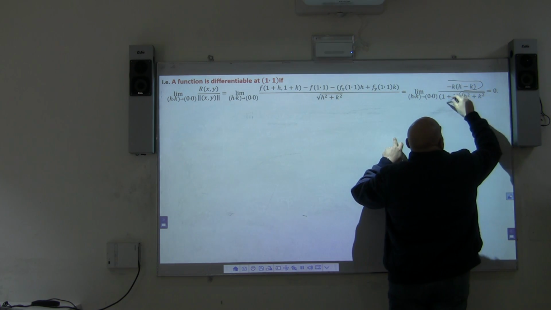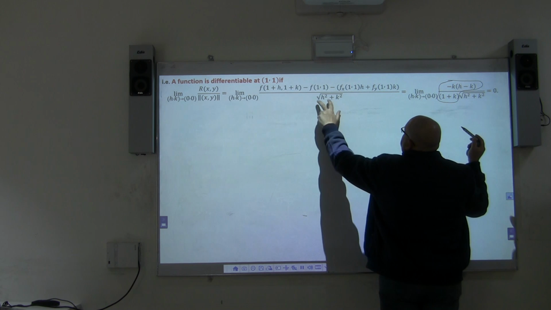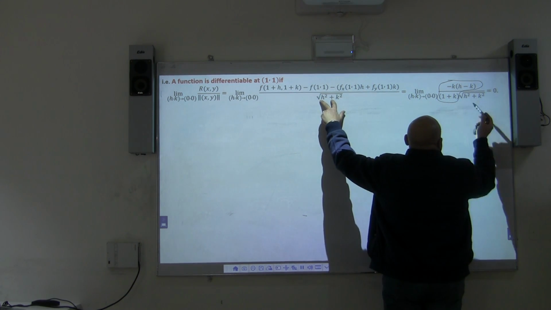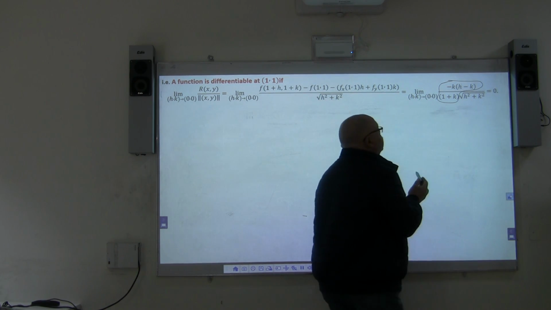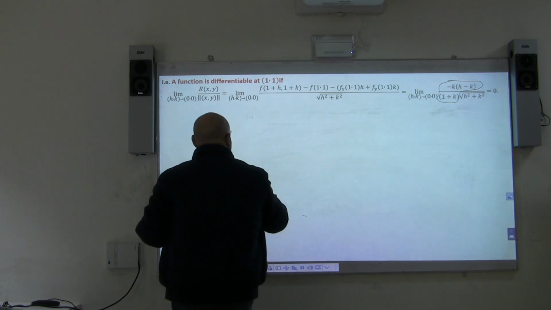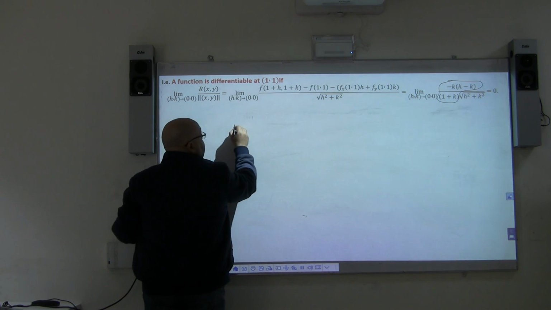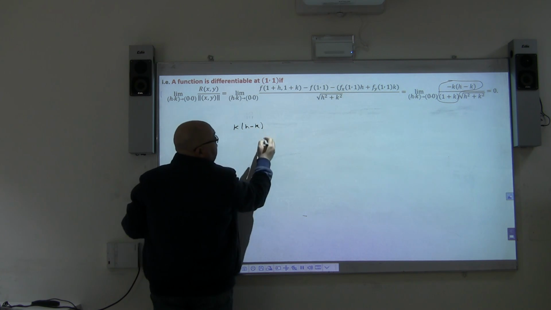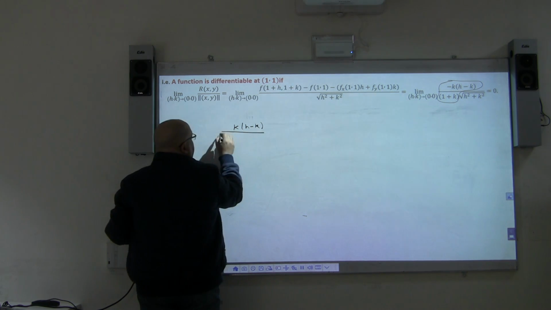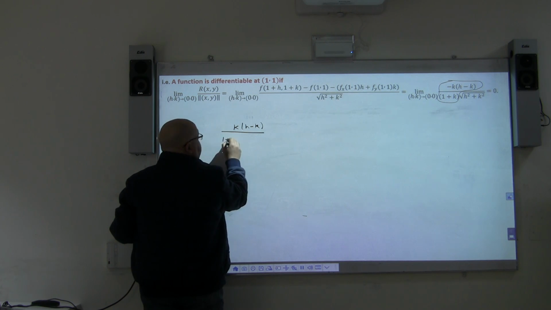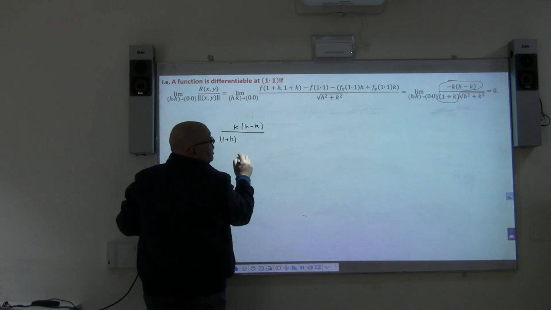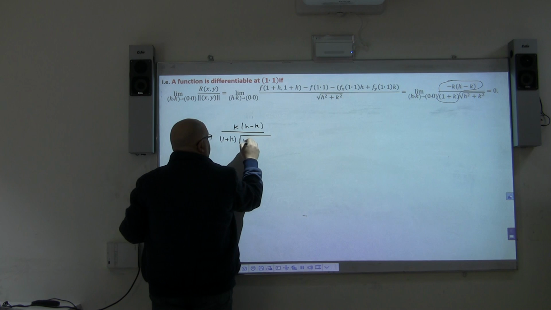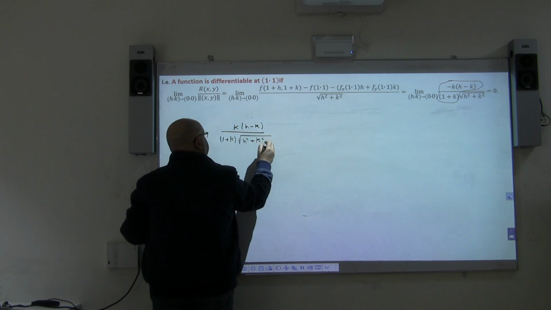That's the numerator. I will divide it by the root of H squared plus K squared. Now I want to evaluate the value of this function, which is K and H minus K. Of course, I'm in two dimensions, which is divided by 1 plus K, and this is the square root of H squared plus K squared.